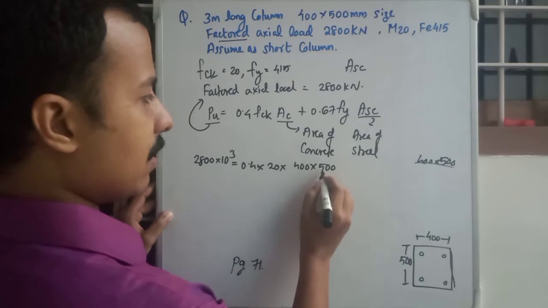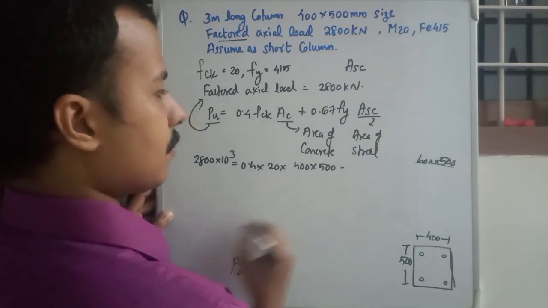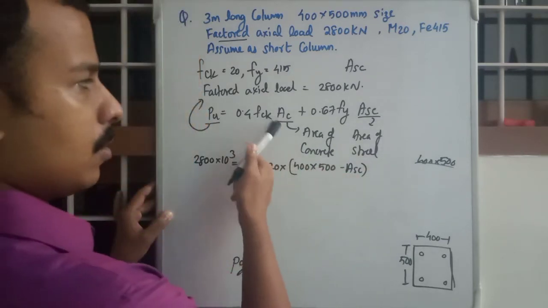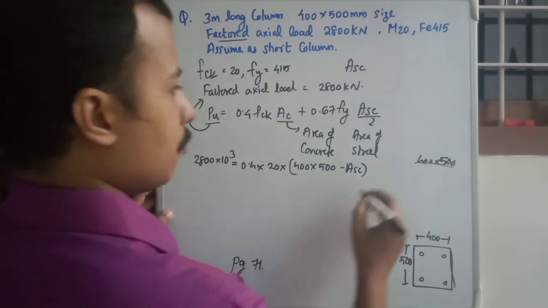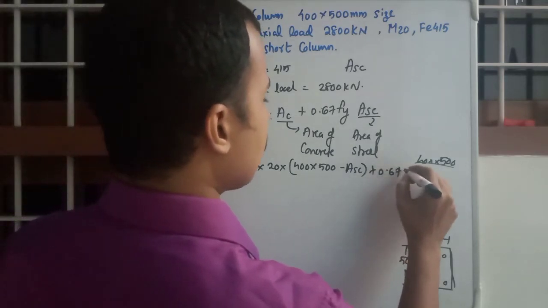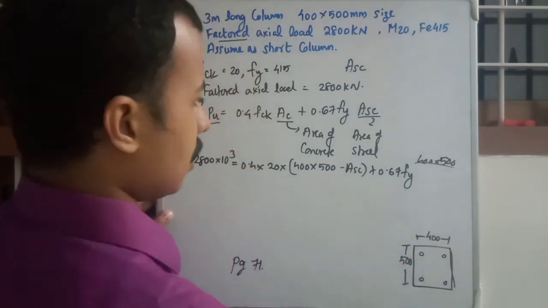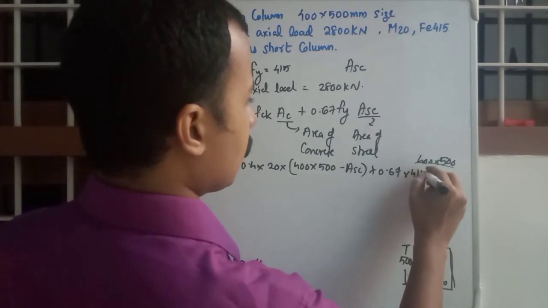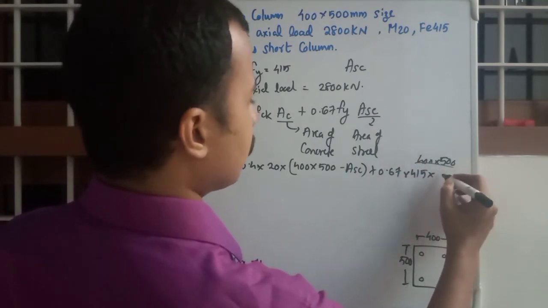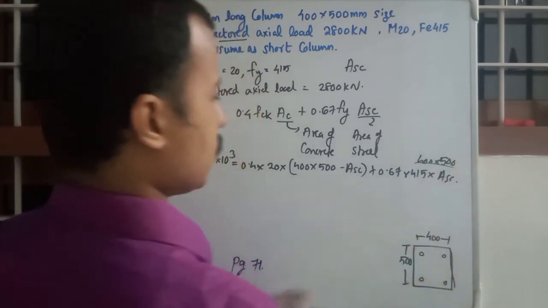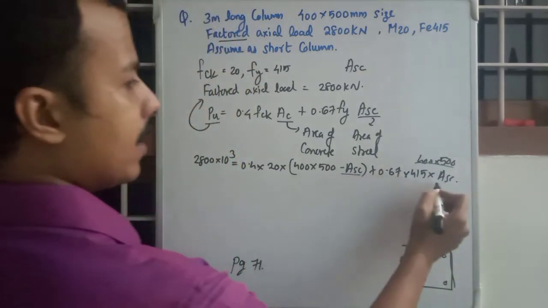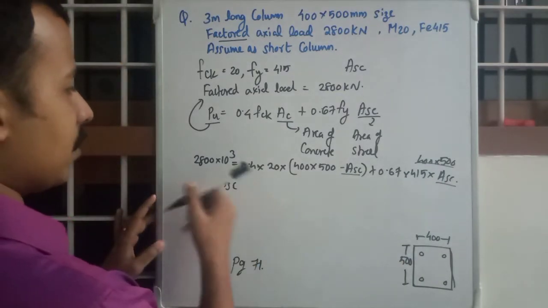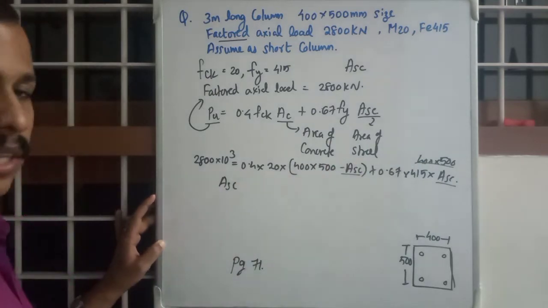So 400 into 500 minus Asc, that is the area of concrete, plus 0.67 fy, that is 415, multiplied with Asc. So the only unknown is Asc. You just need to take Asc out of this equation by rearranging and calculate.